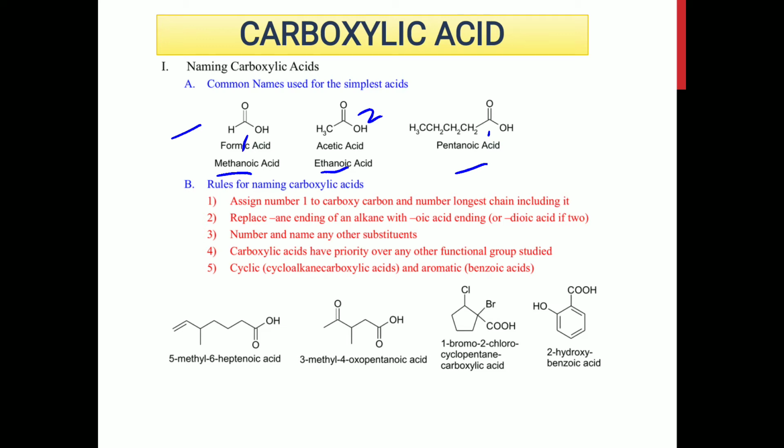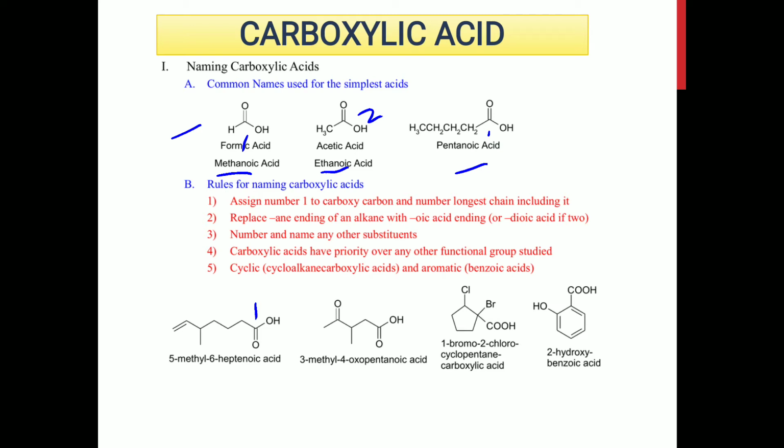So we will go into the brief rules for naming carboxylic acids. The first rule says assign number 1 to the carboxy carbon and number the longest chain including it, right? So in the longest chain, always give number 1 to the carboxylic acid carbon.